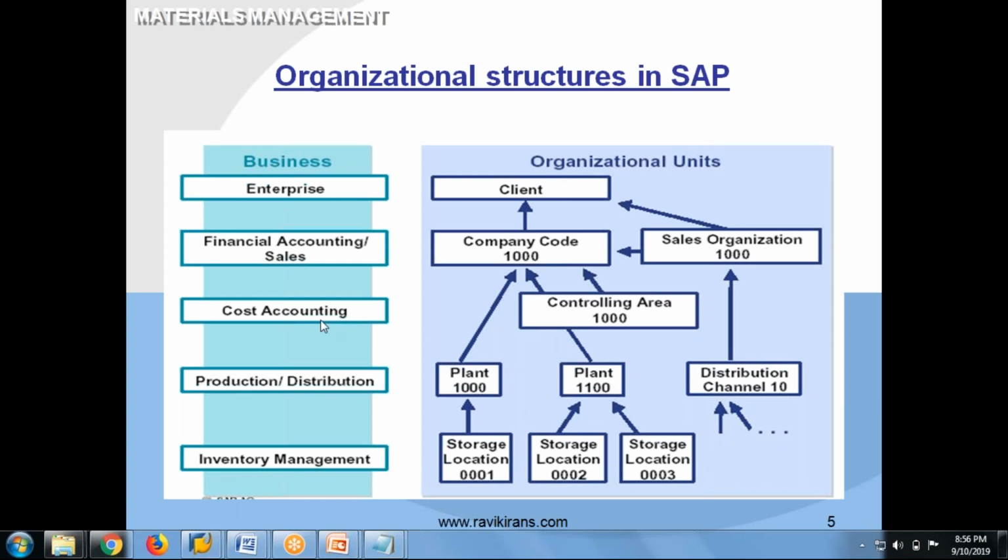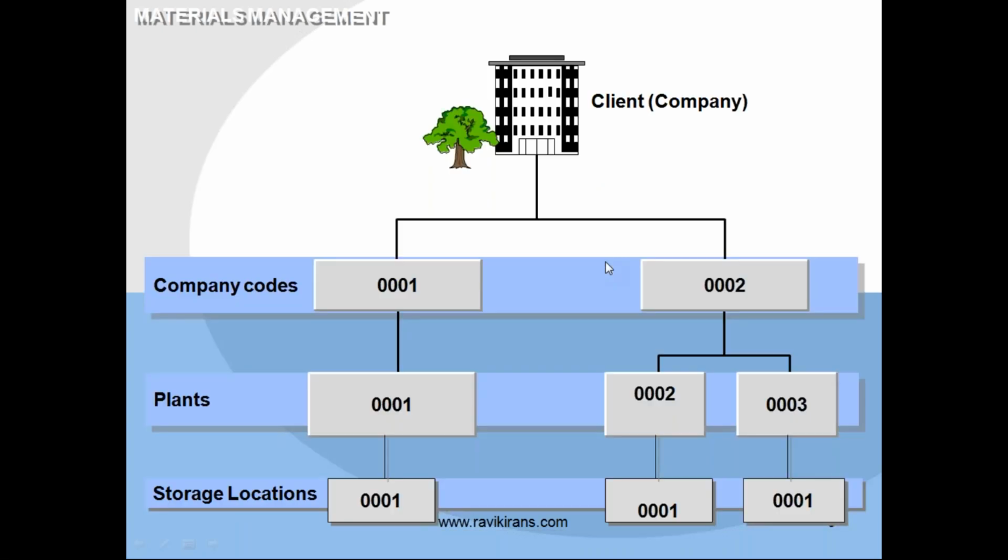So you should have clarity that in the non-SAP world, the enterprise is called a client here, the financial department is called a company code, and there is the sales organization. All these things are very well organized, and each has its own significance. This part is MM specific.